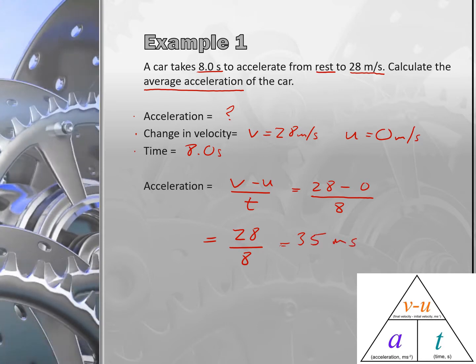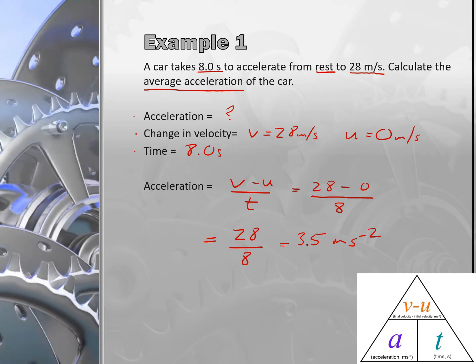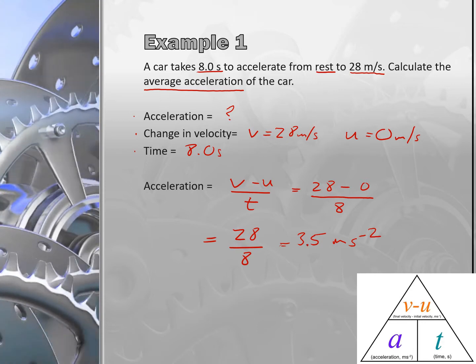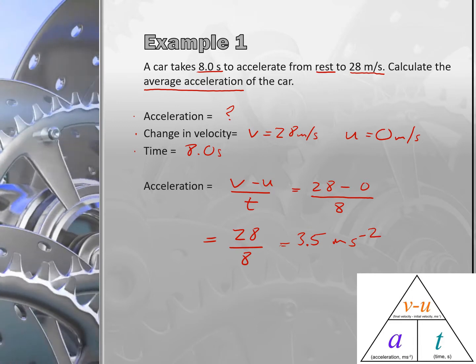I always like to do ms to the minus 2. Whoops, nearly forgot my decimal point. There we go. So there's an example of how we would do a calculation to determine the acceleration of an object.